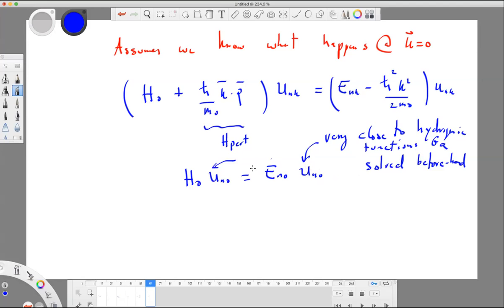So we know that these are going to be the energies associated with hydrogenic functions, and we have a table for those in every textbook you care to look. Okay, so basically this is going to be the hydrogenic functions.